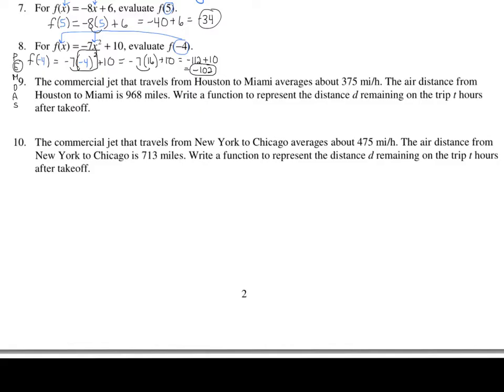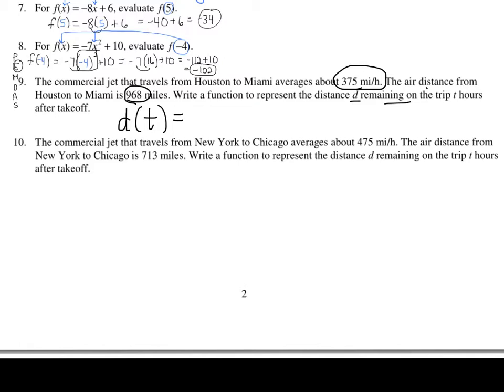For number 9, we have a jet traveling 375 miles an hour. That's its speed. The distance is 968, and we want to write a function for the distance remaining on the trip t hours after takeoff. So distance as a function of time, d of t, will be how far our trip is.